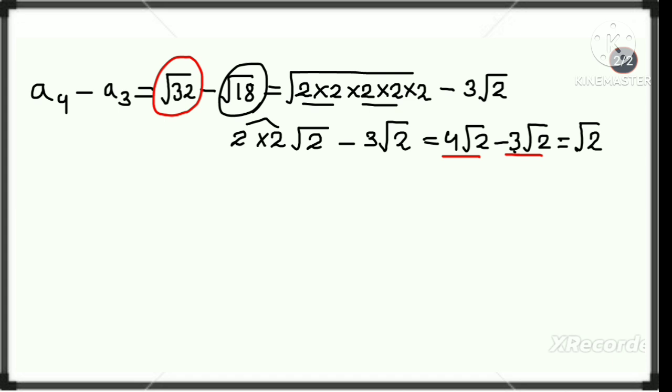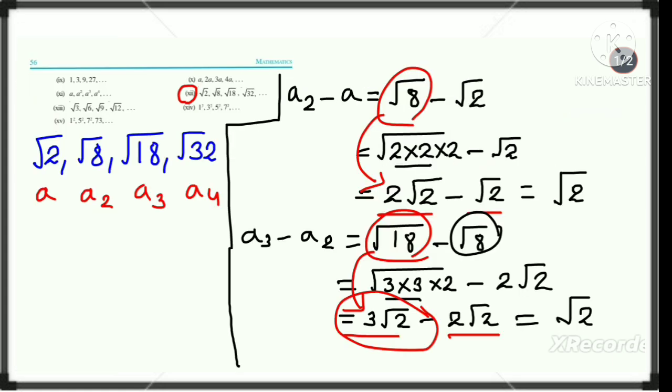Students, in this way the difference between each term is the same, that is root over 2, and here is also root over 2, and here is also root over 2. So we can say that it is an AP.